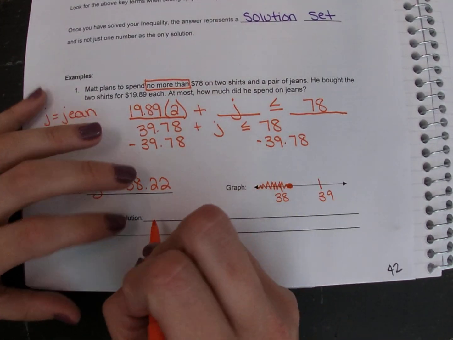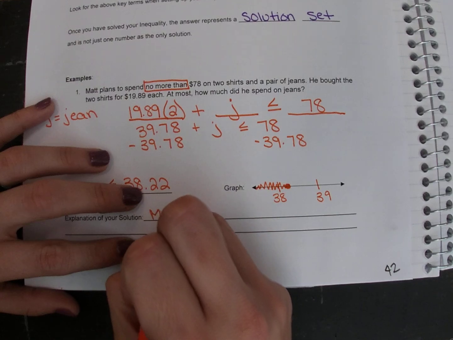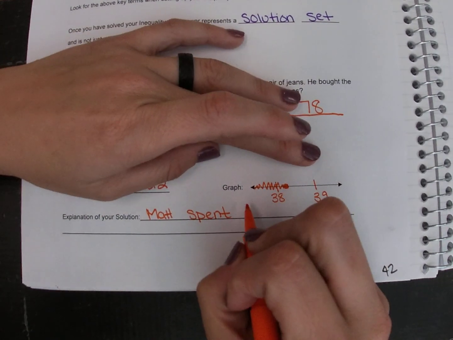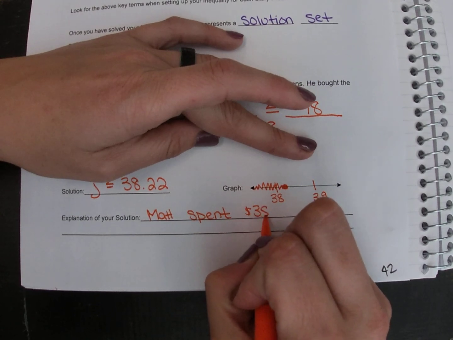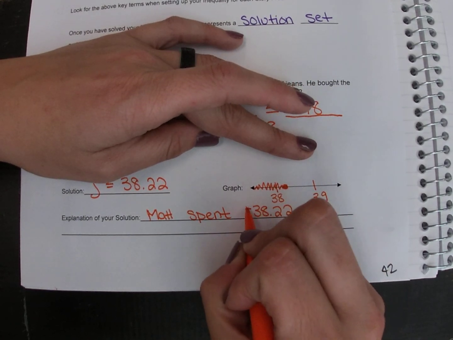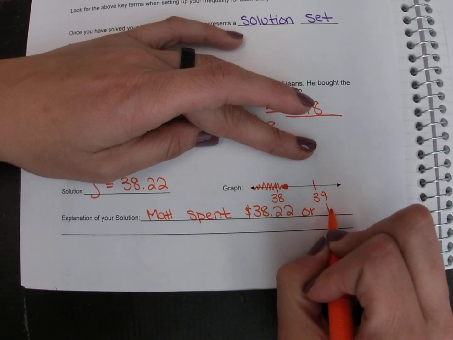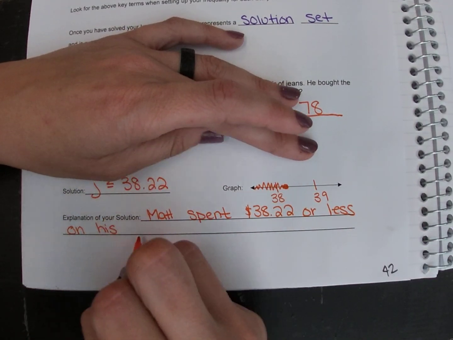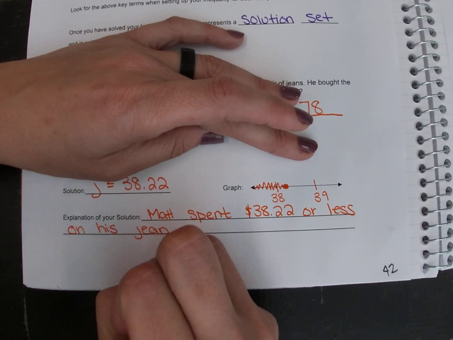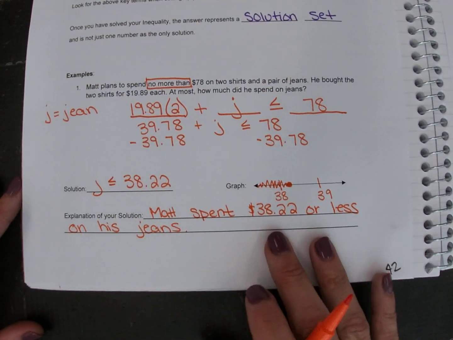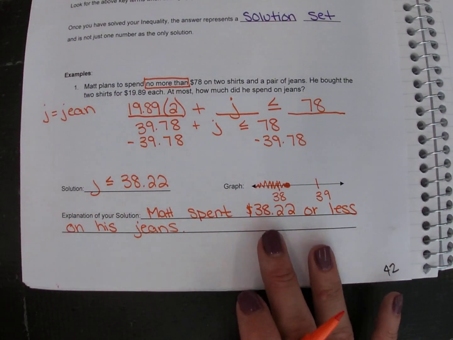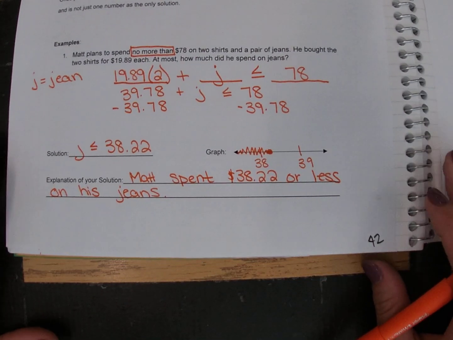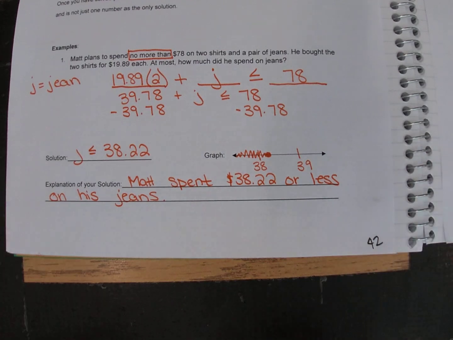Okay, Matt spent $38.22 or less on his jeans. Anything less than $38.22, including $38.22 or less, is all something that would be a possible option that he could have spent on jeans.